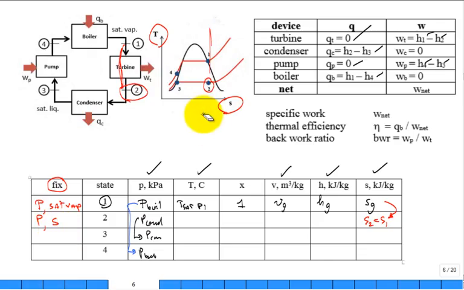Now, just looking at it, how would you describe the condition of state 2? Superheated, subcooled liquid, saturated vapor, saturated liquid, two-phase liquid vapor mixture. Well, how do you describe the condition of state 2? It's two-phase. So this quality is going to come in between 0 and 1. If this was drawn to scale, can you estimate the quality at state 2?